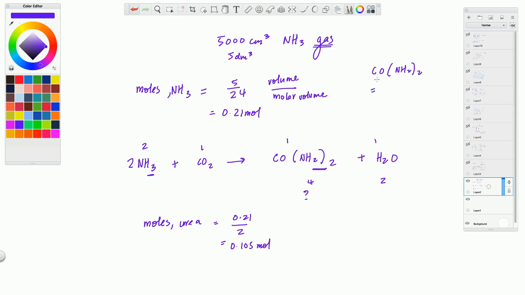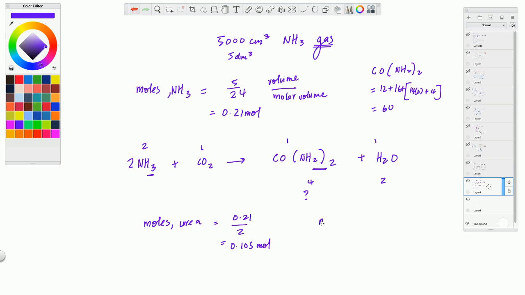So you get carbon 12 plus oxygen 16 plus 14 times 2 plus 4. So urea is 60.